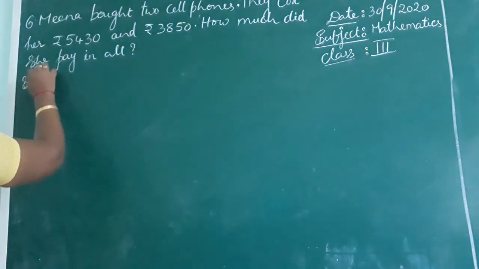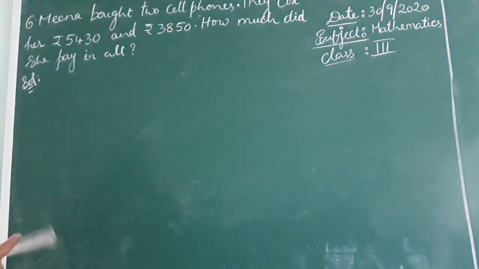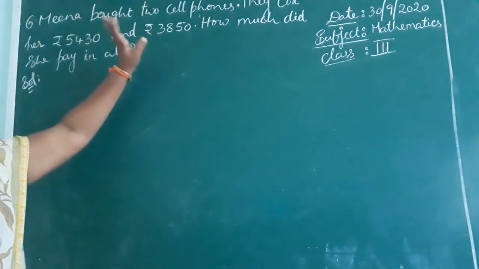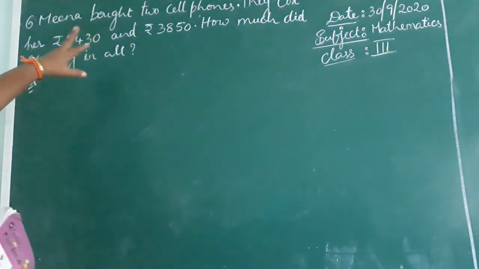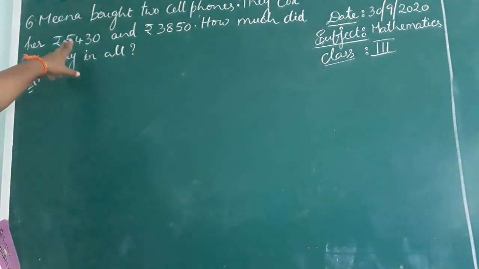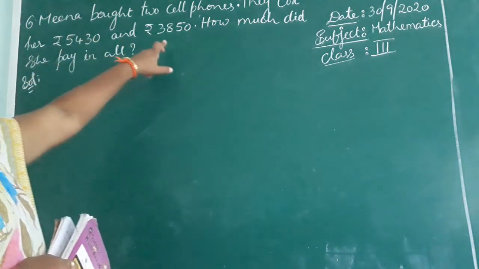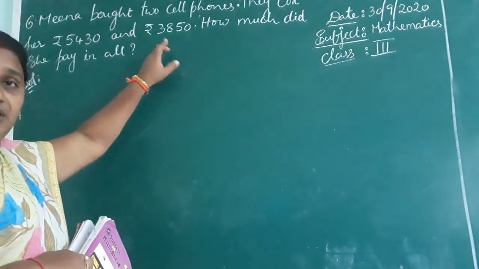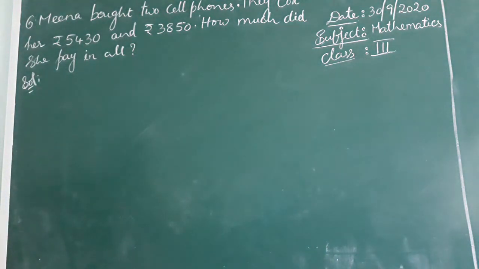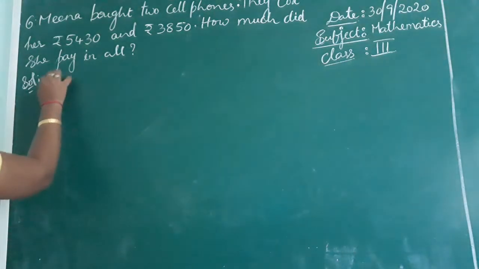What is the question they have given us? A person named Meena bought two cell phones. They give the cost of the two cell phones. First one is 5,430 and the second one is 3,850. The question is how much did she pay in all. In all means totally how much amount she paid.